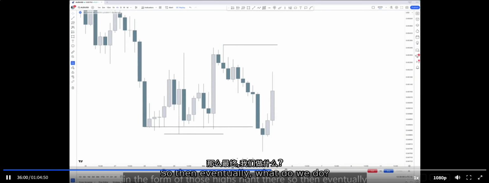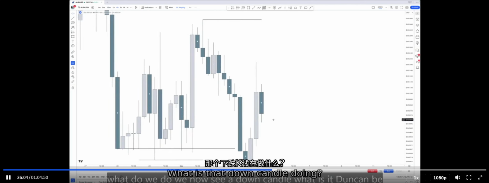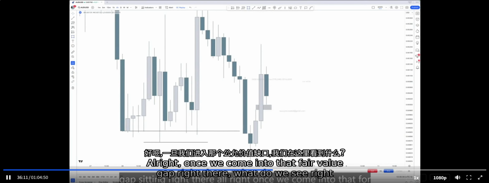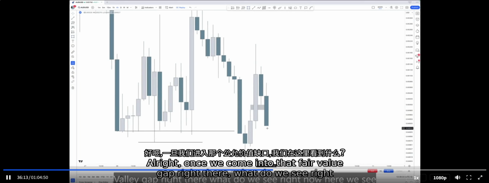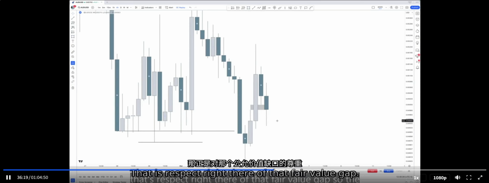So then eventually, we now see a down candle. What is that down candle doing? What is it aiming for? It is aiming for a fair value gap sitting right there. All right. Once we come into that fair value gap right there, what do we see right here? We see a wick at the bottom again right there. What is that? Respect. That's respect right there of that fair value gap.